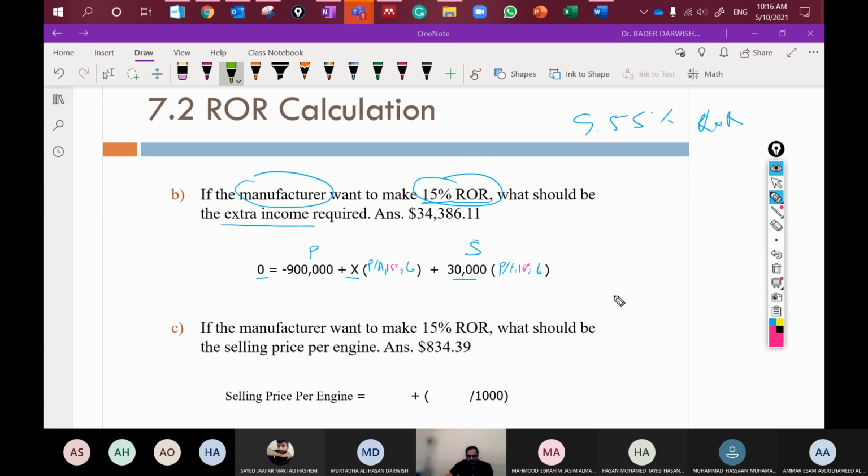Okay. So now when you go to the compound, what are you going to look at? You're going to look at PMT. What did you get, guys?